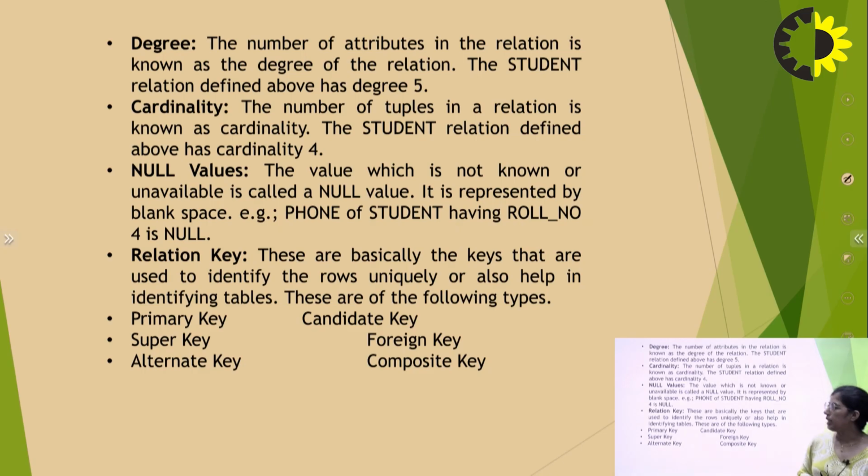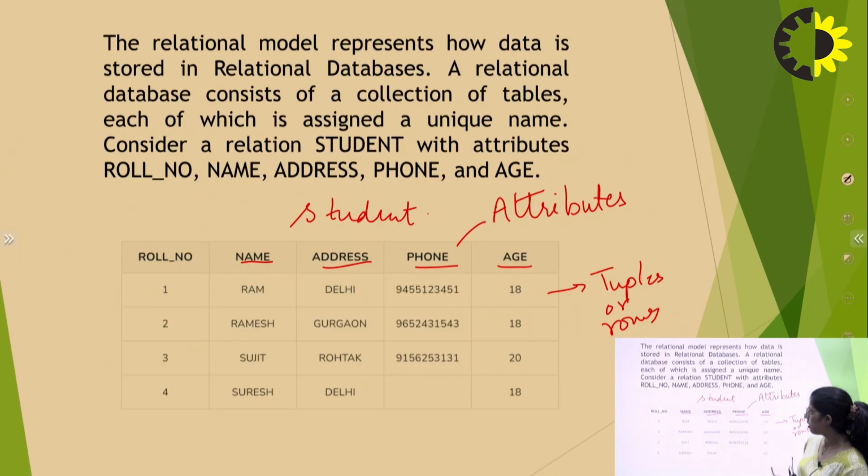Next one is degree. It is the number of attributes in a relation. In the previous example, the student relation has degree 5. The number of tuples in a relation is known as cardinality. Where we have 4 rows, the cardinality of this particular relation is 4.